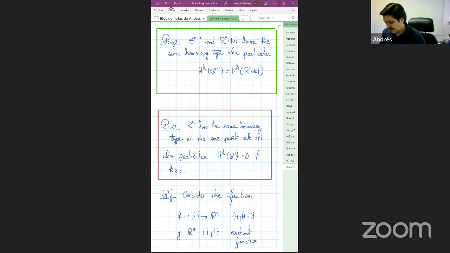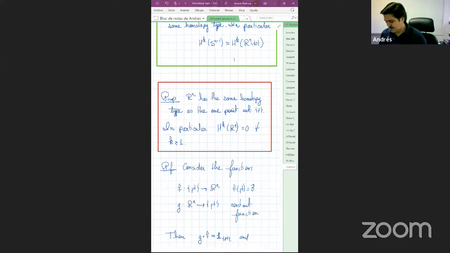Great, so F and G are the functions. Again, I don't have many options. That's the only thing that we can do. So again, for one of the compositions, I get equality. I get something stronger than merely homotopic, the two maps are equal.